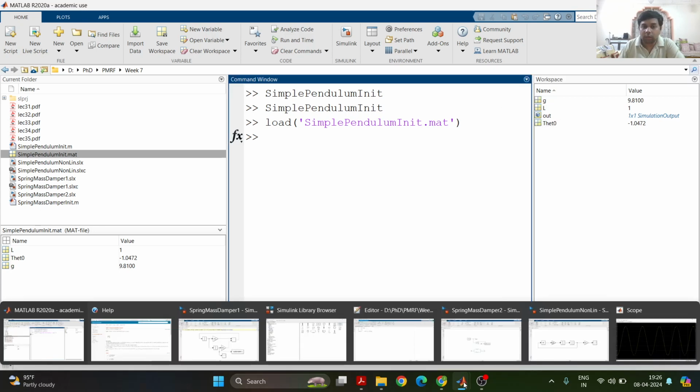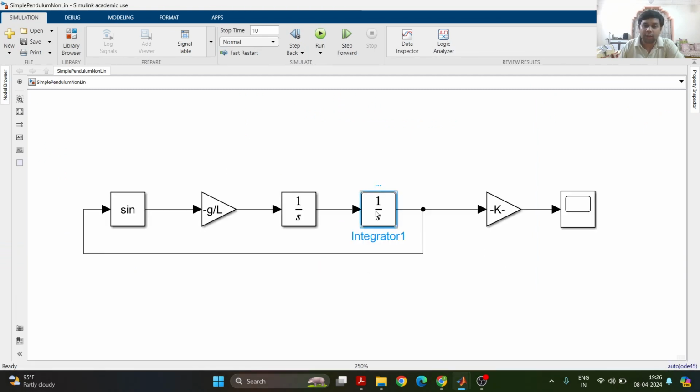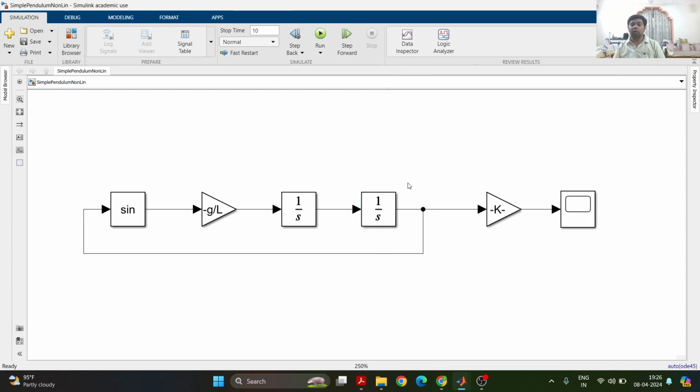And the third option can be that, instead of having these as parameters, we can just type in directly the value of that parameter here itself. But then if we want to change the parameters and rerun the model, we have to again go inside each and every individual block and change the parameters.